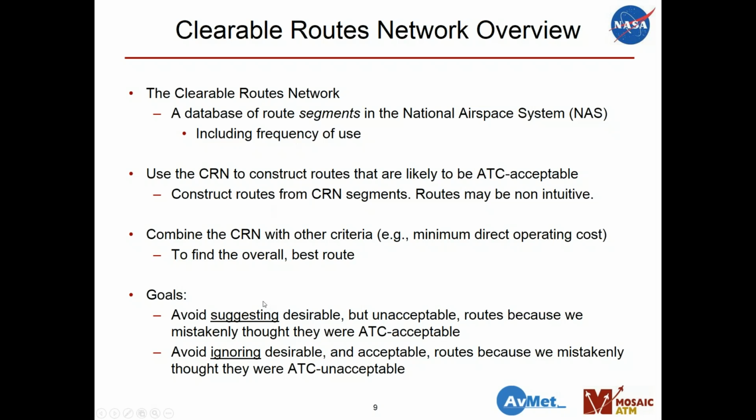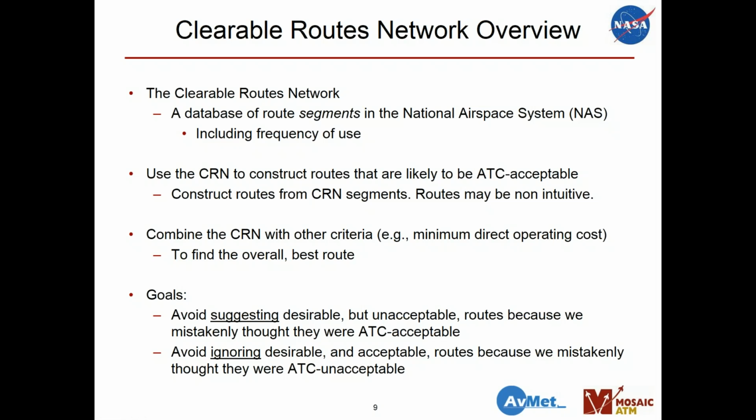So we want to try to avoid suggesting routes that may be desirable from a flight operator perspective, but unacceptable to ATC, because that's not good for either ATC or the flight operator. But at the same time, we want to try to find routes that are both desirable and acceptable.